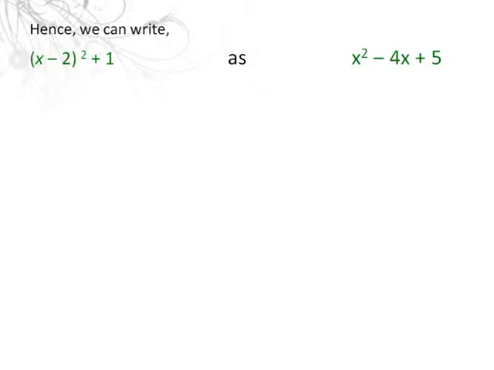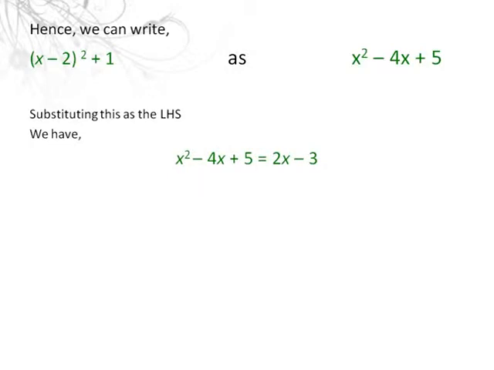If you recall from a few seconds back, we just did this. Substituting this in the left hand side of the first problem, we have x square minus 4x plus 5 is equal to 2x minus 3. Now the first step we should do in this situation is take all the terms on the right hand side to the left hand side.